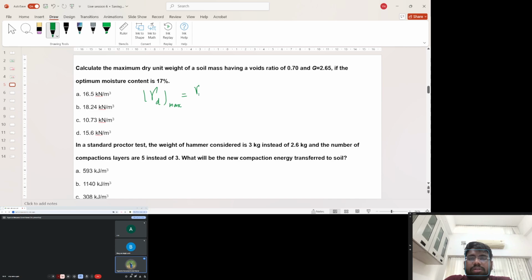So gamma W G. Just a minute. So first let us calculate the saturated unit weight, gamma bulk.